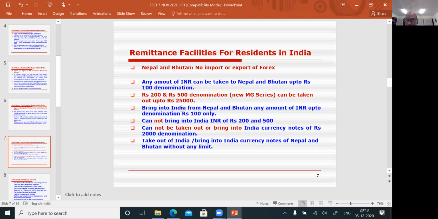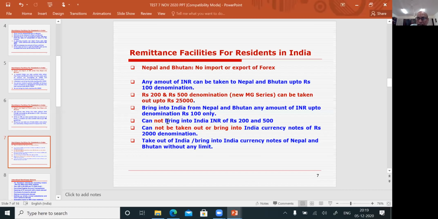While going to Nepal and Bhutan, you can take 200 and 500 denomination up to 25,000 rupees only. While coming from Nepal and Bhutan, you cannot bring 200 and 500. Again, I repeat, while going you can take 25,000 rupees in 200 and 500, but while coming into India, you cannot bring any Indian currency notes of 200 and 500 denomination.